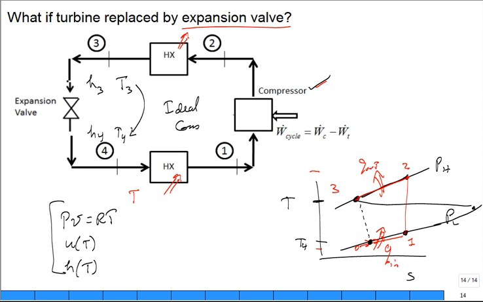It's close enough, just a little modification, but it won't work. This is not a refrigeration system. You must have that turbine. That turbine is what really drops the temperature by getting energy out of the air going through it from 3 to 4. An expansion valve does not get the energy out of it. And the temperature of a true ideal gas will stay the same.